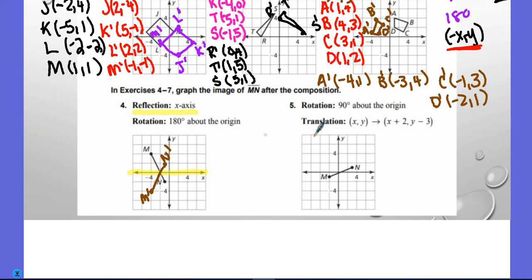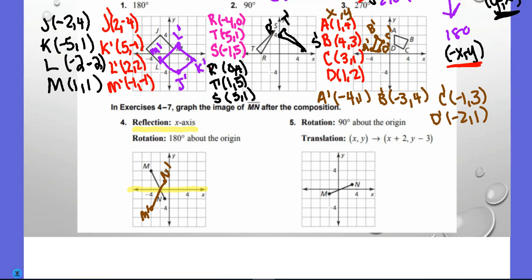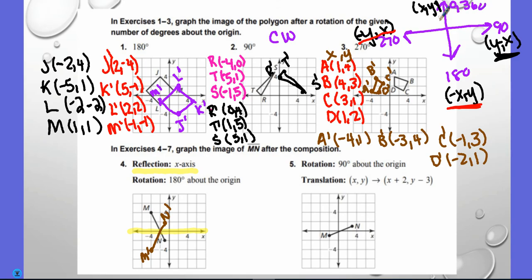Now it says rotate 180 degrees about the origin, and I'm going to do this time counterclockwise. I'm going to go to the left. So if I go 0, 90, 180, and this over here would be 270.